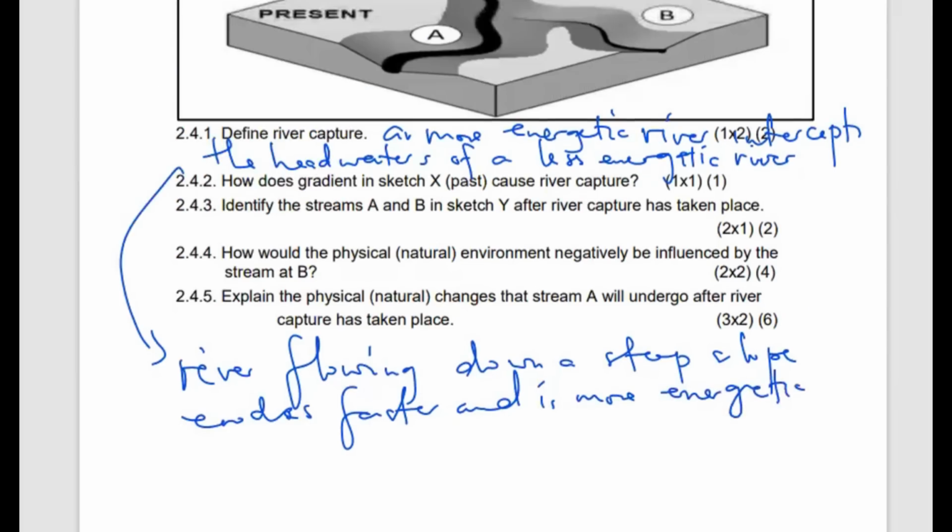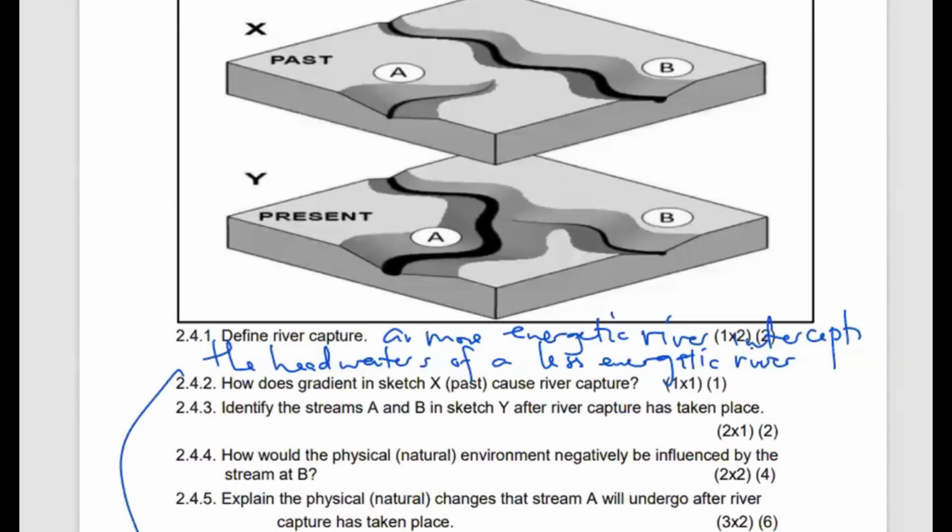Right. If this river is flowing over a steeper part of the watershed, and this one is flowing over a gentle part, it has more energy to erode headwardly. If it's flowing over a steeper gradient, it has more energy to cause headward erosion and ultimately is able to cut through the watershed to intercept the headwaters of the less energetic stream.